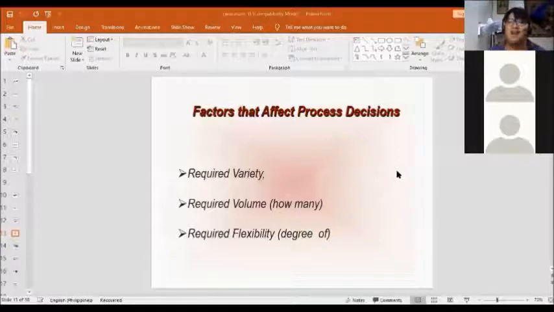Before, you only had Coke, the regular Coke. Now there is Coke Zero and Diet Coke. Definitely, Diet Coke and Coke Zero are different from your regular Coke. So your process will be affected.